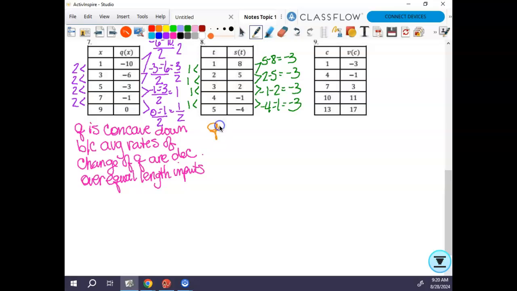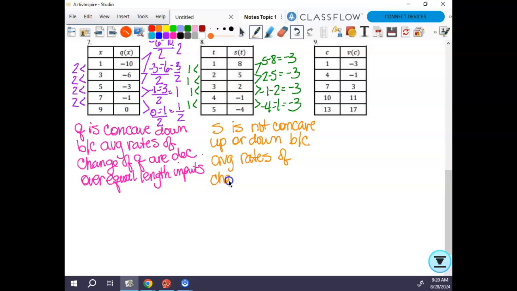So S is not concave up or down because average rates of change are constant. And because they're constant, I don't have to say anything about equal length input values. I can because it's true, but it doesn't matter.